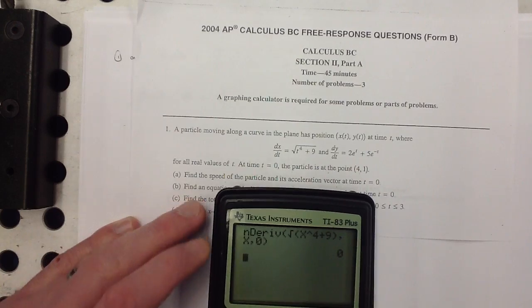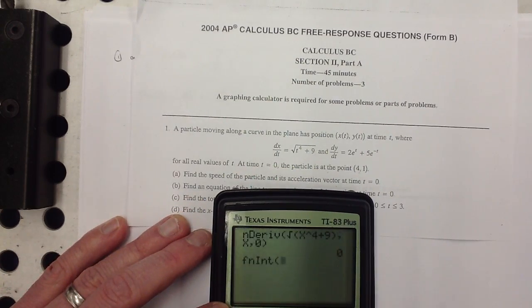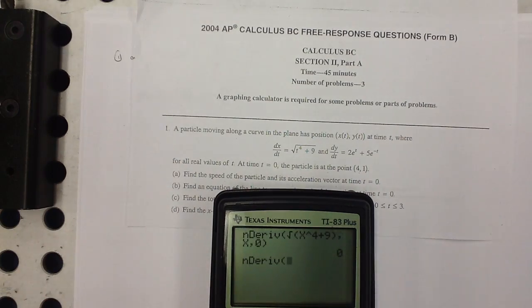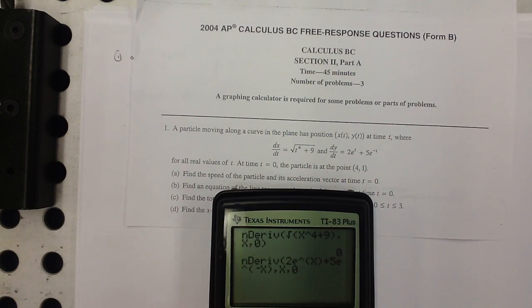Then nDeriv, math 8, with the derivative of 2e to the t plus 5e to the negative t, comma x, comma 0.